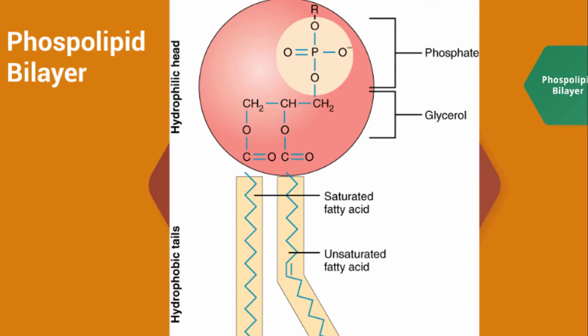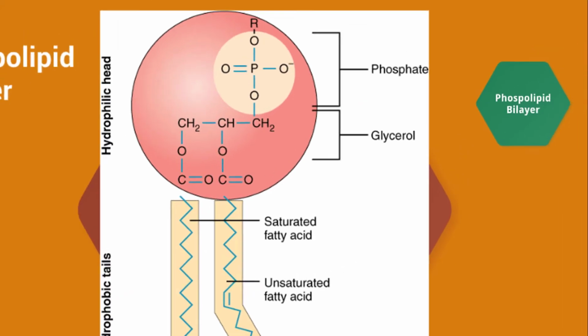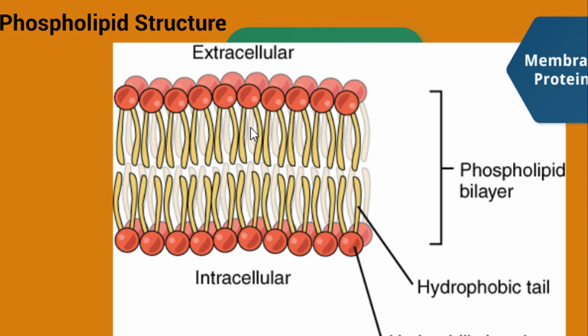The cell membrane consists of two adjacent layers of phospholipids. You can see this slide: phospholipid bilayer. Hydrophilic heads here, red color, and hydrophobic tails, yellow color.